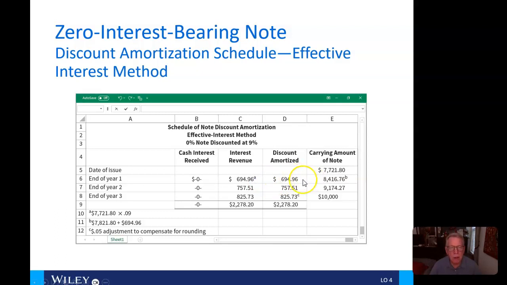The difference is going to be the amount that we amortize here. And so that sets up a new carrying amount, which is ratcheting up to $10,000 eventually. And so now we take this carrying amount and multiply that times 9%, et cetera, until we effectively amortize that discount from $7,721.80 to $10,000.